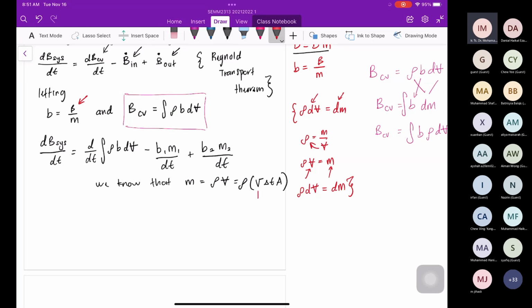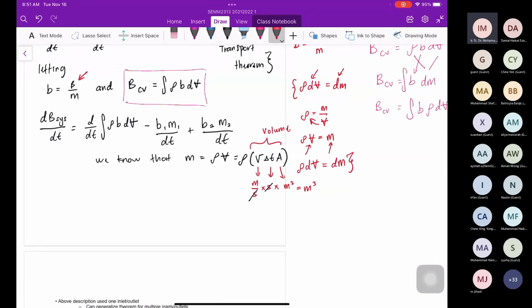Because velocity has unit meter per second, time is second, and area is meter squared. You can cancel out the second, and you get meter cubed, which refers to volume.